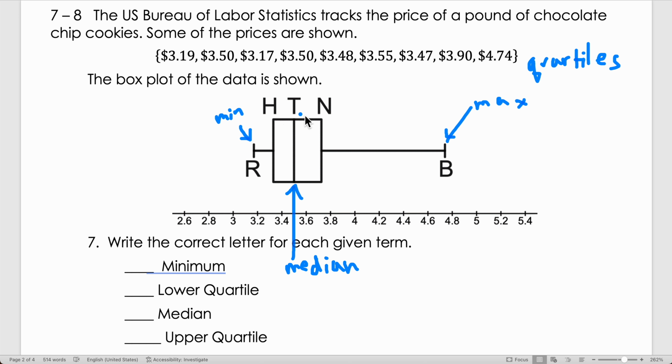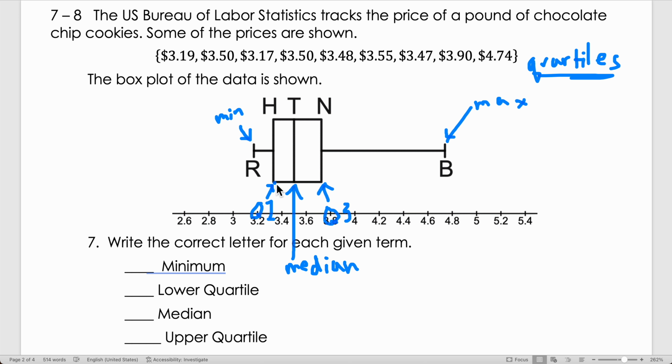Now, to get where H and N are, this first one is called Q1, or quartile number 1. And this one is called quartile number 3.